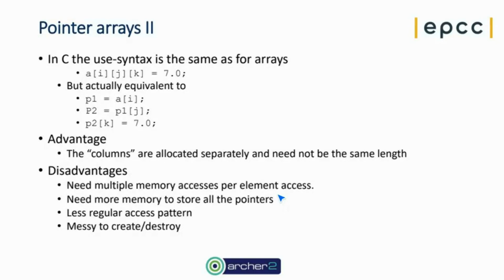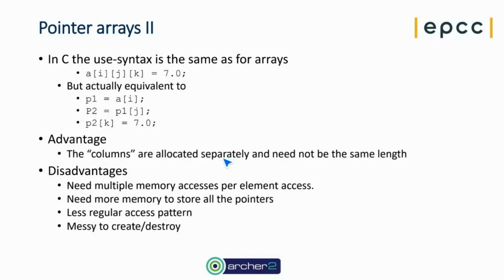C is slightly confusing because the syntax for using genuine arrays and pointer arrays is the same. But effectively, for pointer arrays, this is equivalent to doing the pointer dereferencing all the way down.